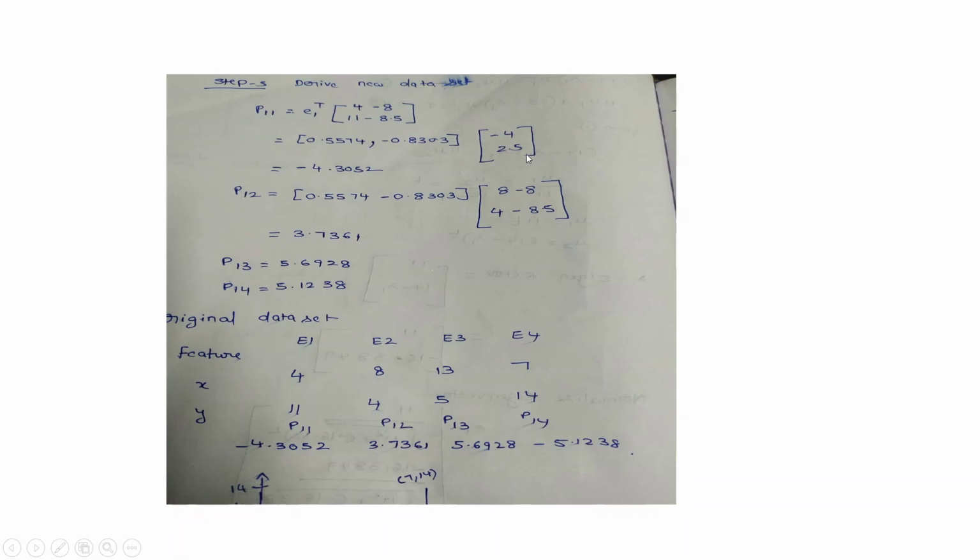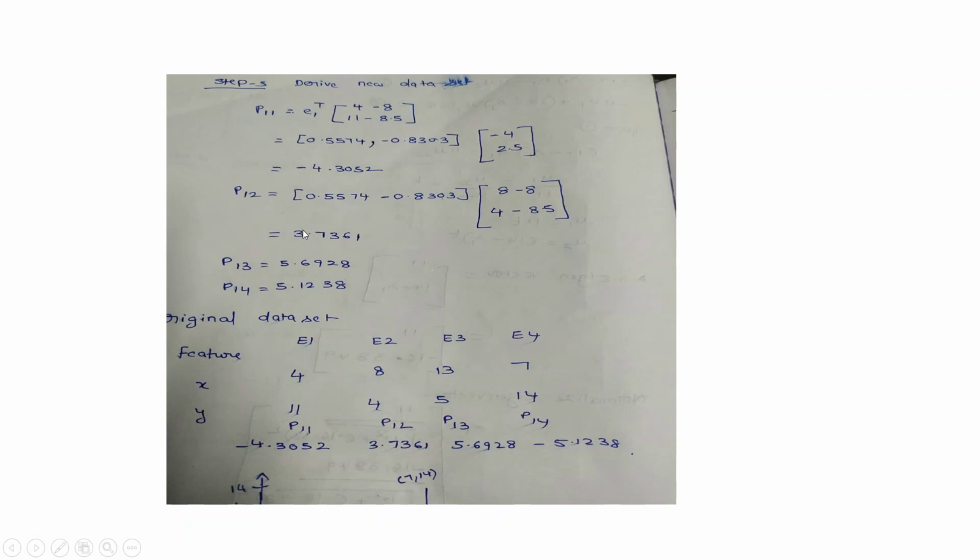If you are multiplying that, you can get the principal component P11. Like that, you can calculate for all other data points available in the data set. If you observe here, the original data set is 4, 8, 13, 7, 11, 4, 5, 14, consisting of 8 samples and 2 features.